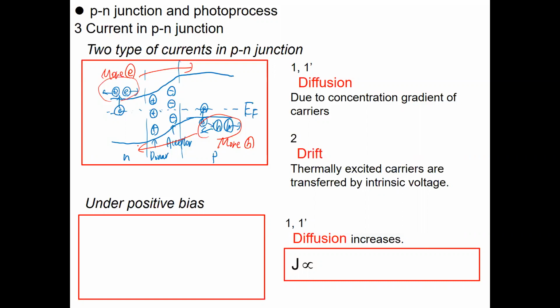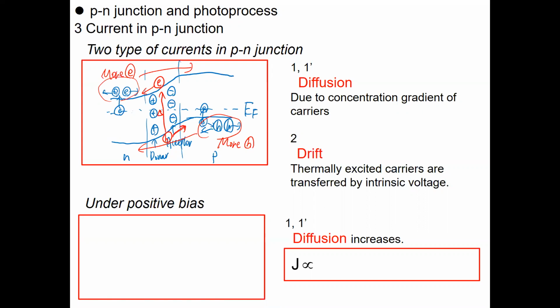And on the other hand, the drift process. In this depletion region, in a very rare case, by using thermal energy, it could be possible that electrons are excited and holes are generated, and electrons can move towards the lower energy, and holes are moving towards the higher energy for electrons.